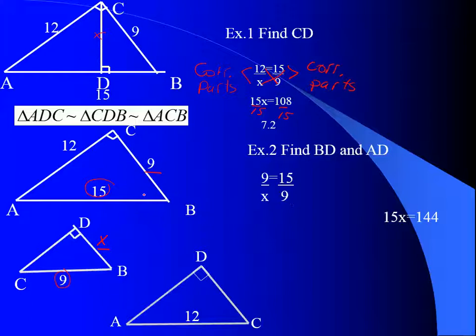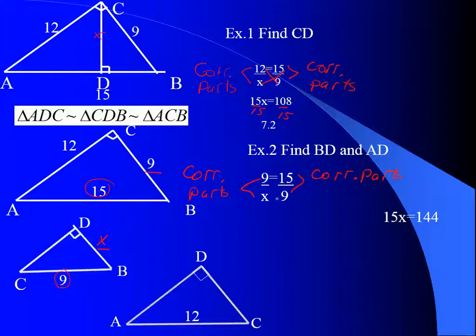To make a proportion, I did 15 and 9 here. Again, these are corresponding parts. And I did 9 and X because they're corresponding parts. So it's crucial to get your proportion set up correctly.